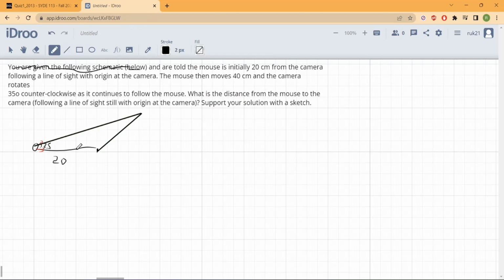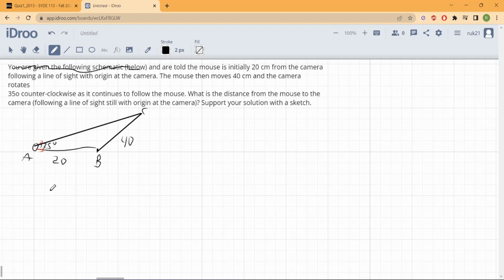And so what do we know? If we call this triangle A, B, C, we know AB is 20, that was the initial distance. We know the mouse moves 40 centimeters. We know that the rotation of the camera is 35 degrees. So now we just need to calculate AC because that's the distance between the camera and the mouse.